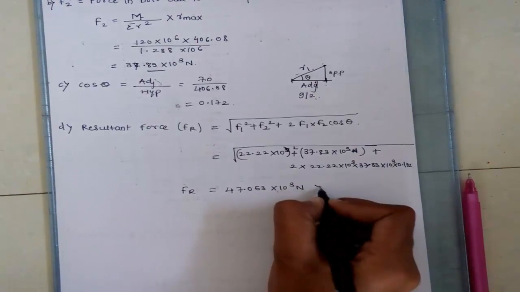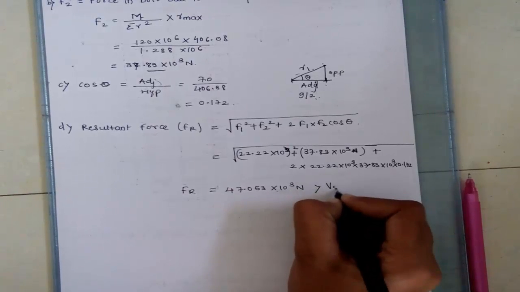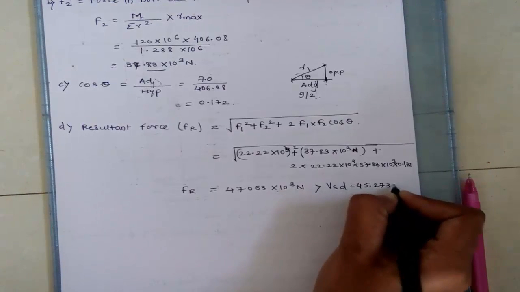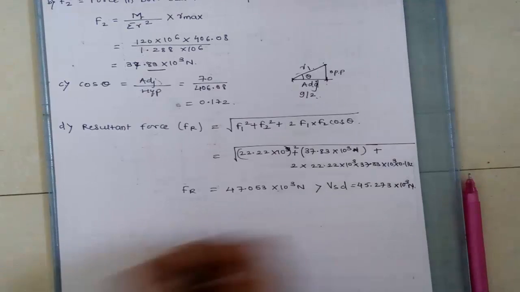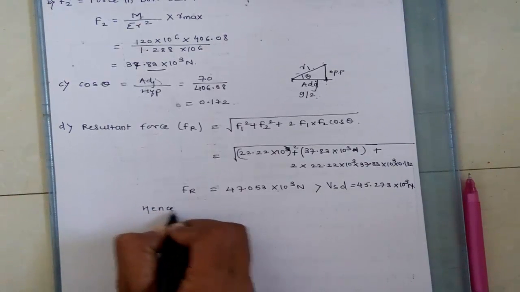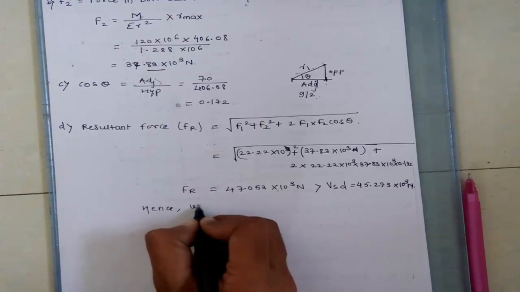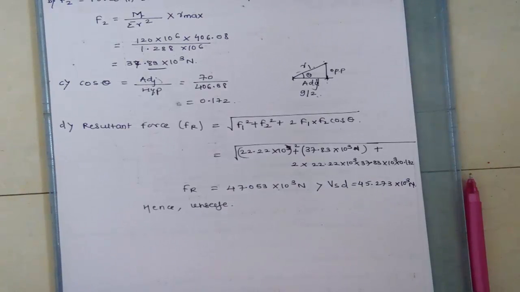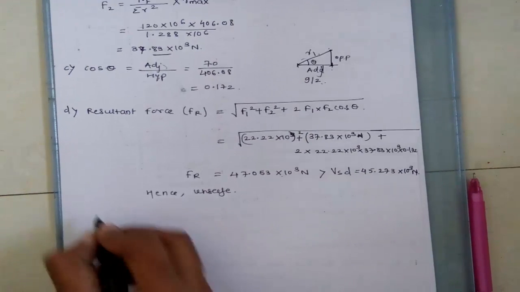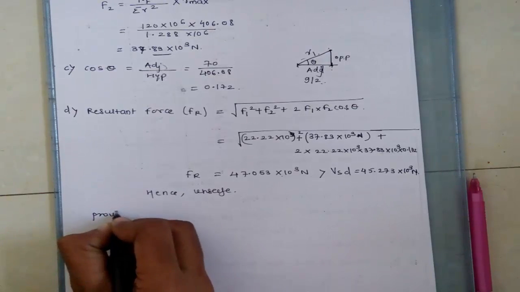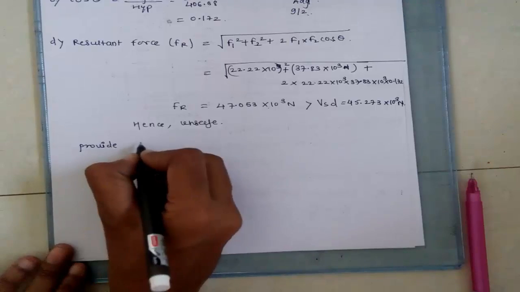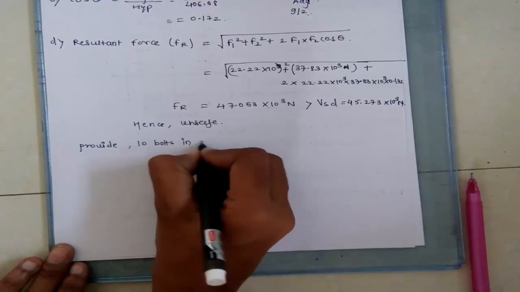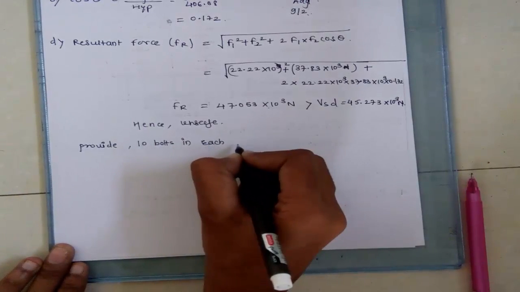This value is greater than the VSD, that is the shearing strength of bolt, 45.273 into 10 to the power 3 Newton. Hence, this assumption is unsafe, so we have to increase the number of bolts. Okay, so let us provide 10 bolts in each vertical row.